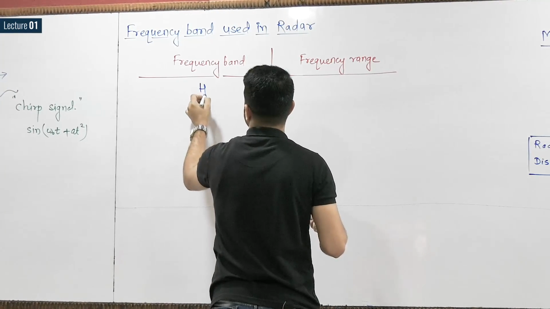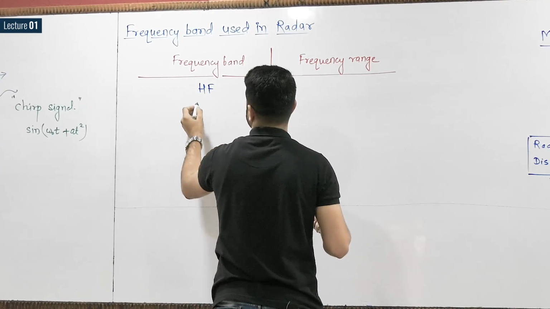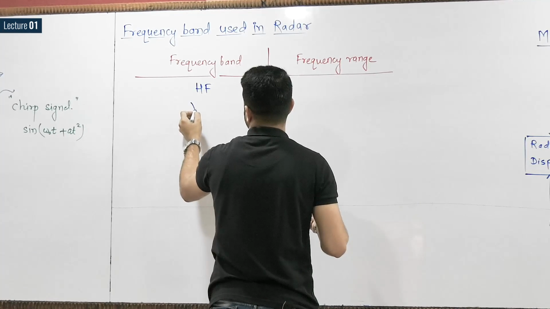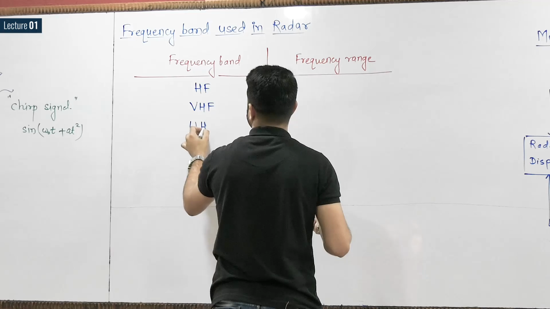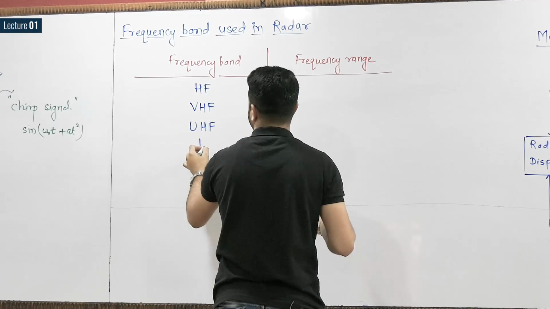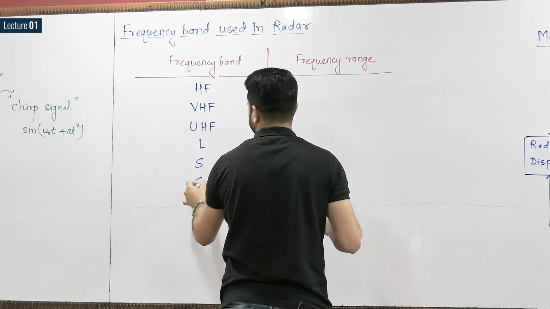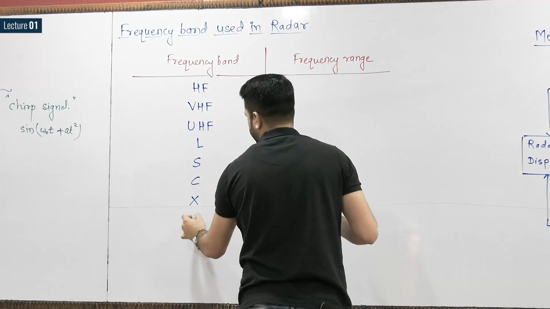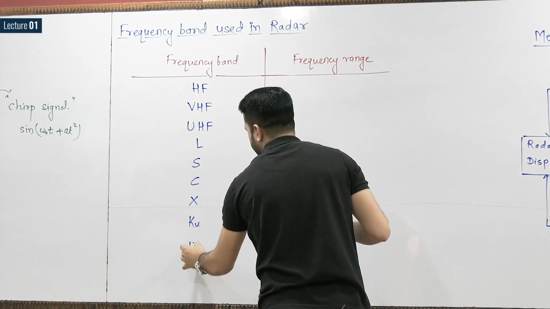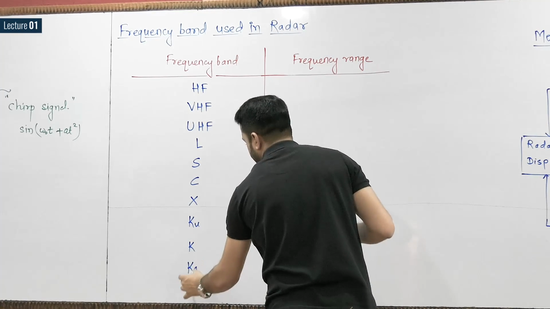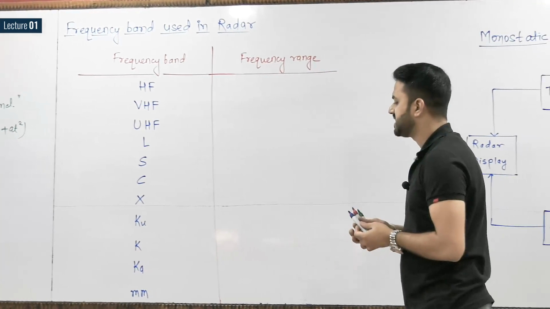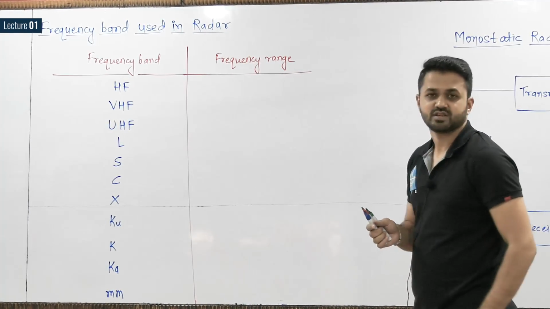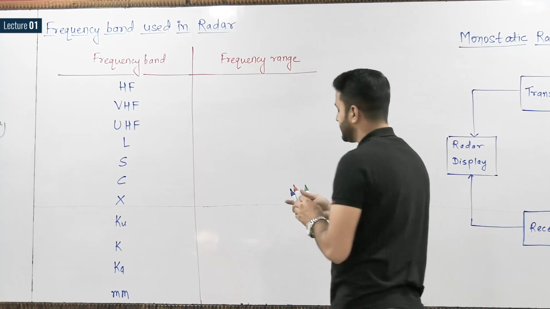The bands are: high frequency, very high frequency, ultra high frequency, L band, S band, C band, X band, Ku band, K band, Ka band, and millimeter wave. These are the frequency bands used in the radar system, and their ranges are as follows.